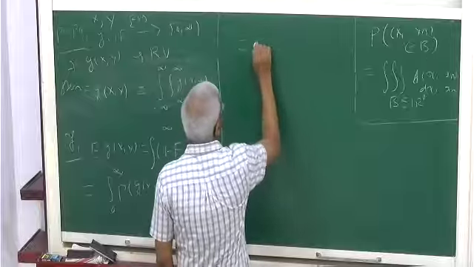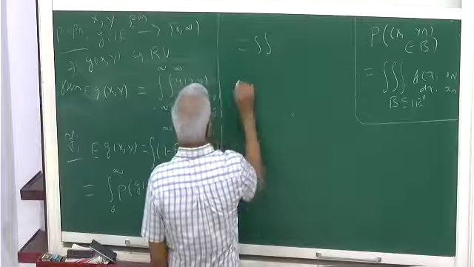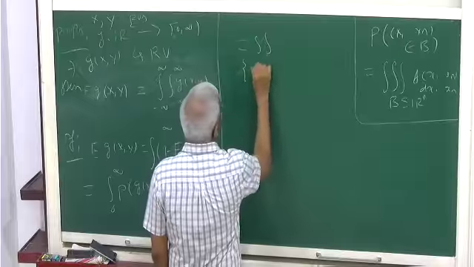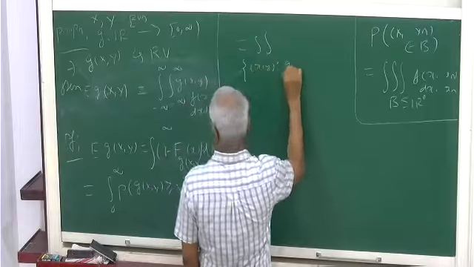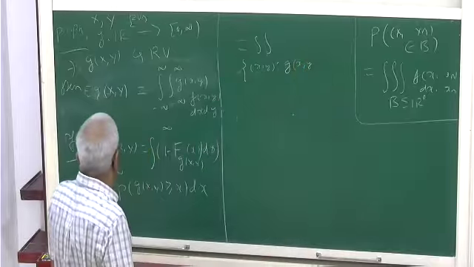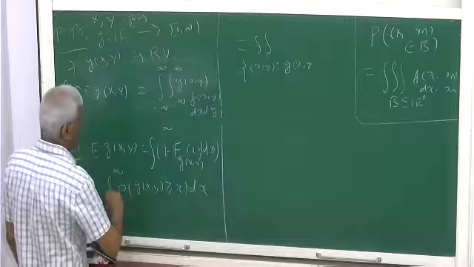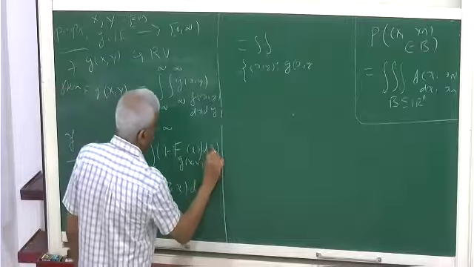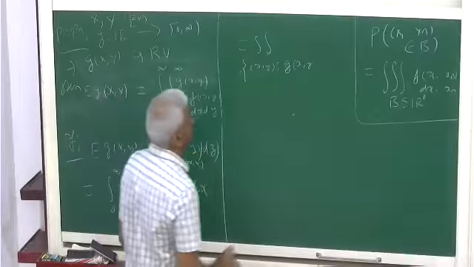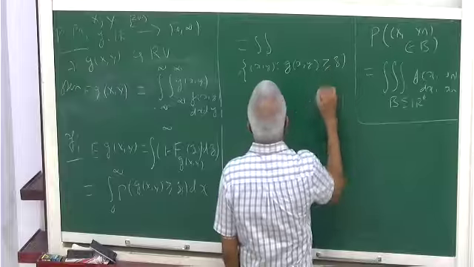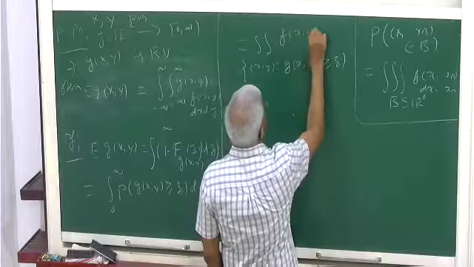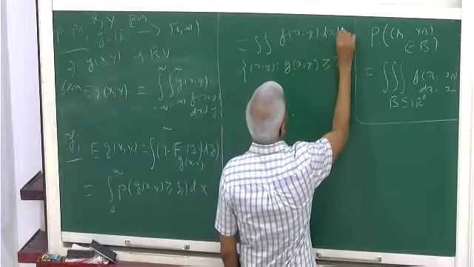We have only a double integral here. The double integral over the set of all (x, y) such that G of (x, y) is greater than or equal to z. Sorry, I changed to z, because I want to use x and y here. Then f of (x, y) dx dy.